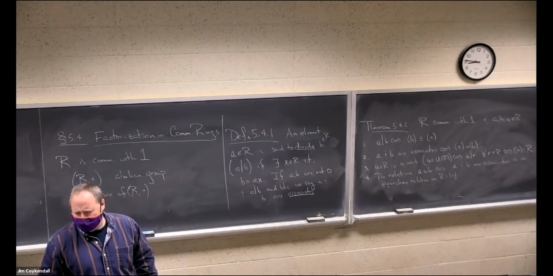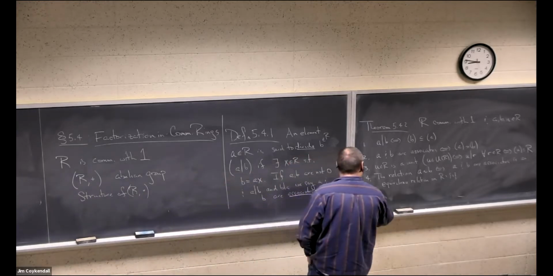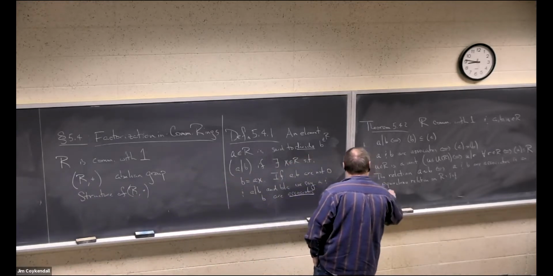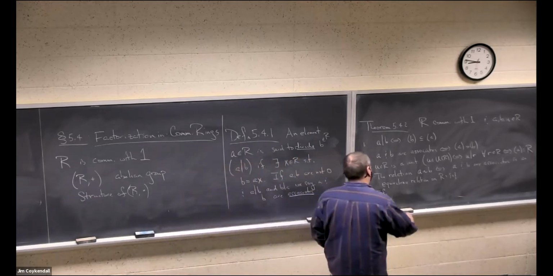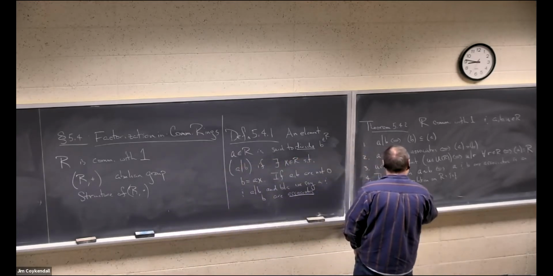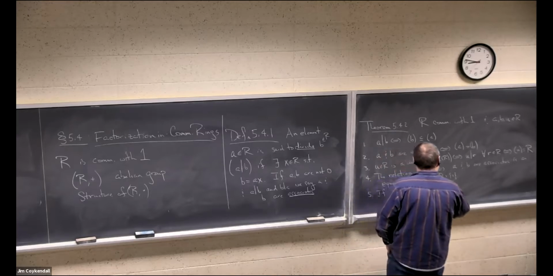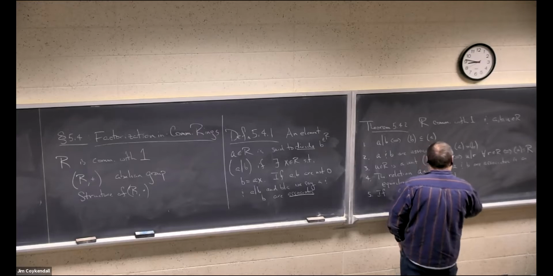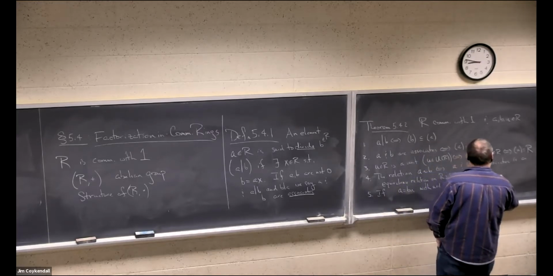And finally, number five, if A equals BU with U a unit in R, then A and B are associates.